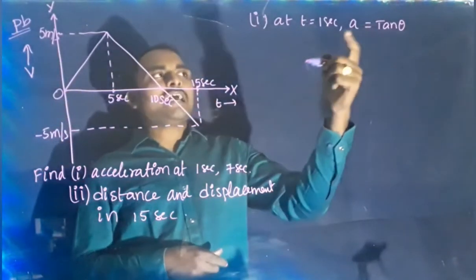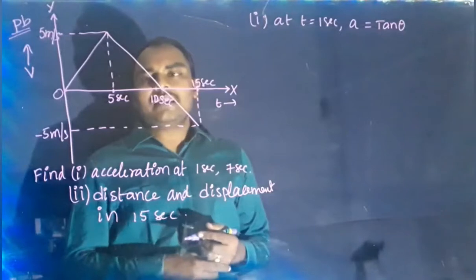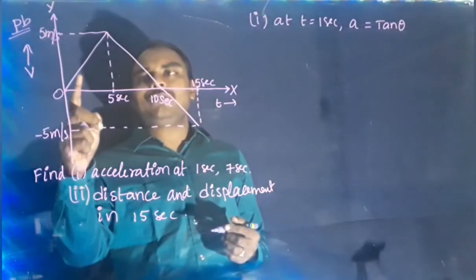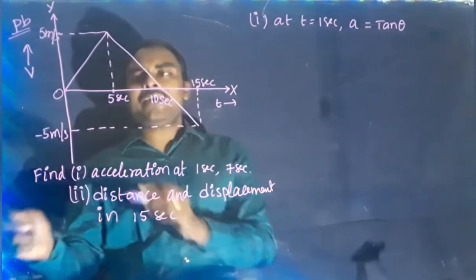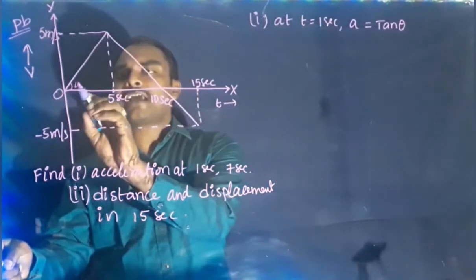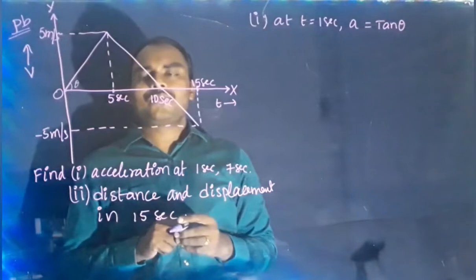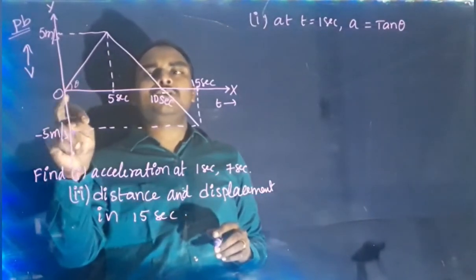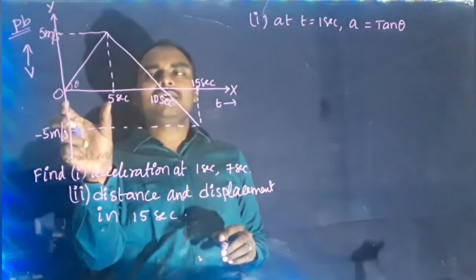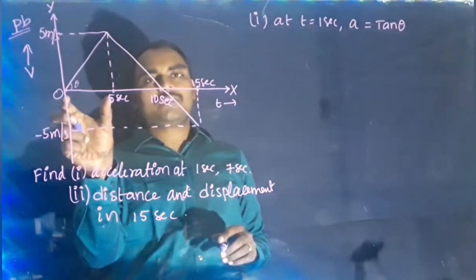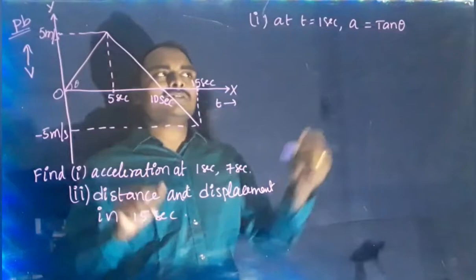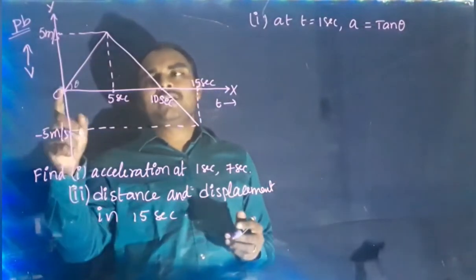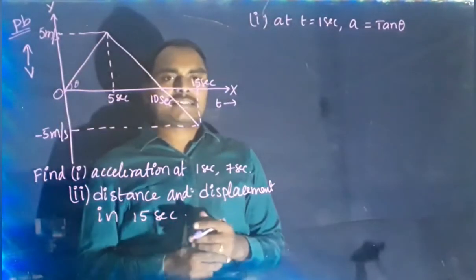At t equal to 1 second we need to find the slope. Since it is a straight line, it makes a constant angle, so the slope is the same everywhere from 0 to 5 seconds. We can find the slope at 1 second, 2 seconds or 3 seconds; everywhere it is constant. Acceleration is constant for 0 to 5 seconds.